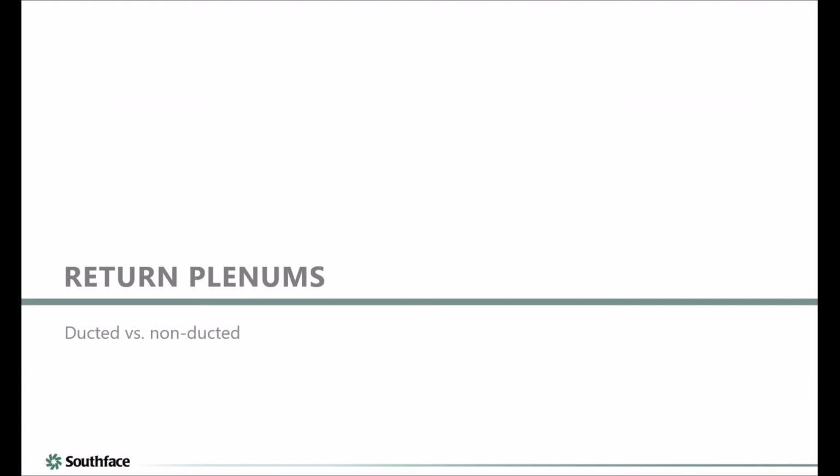So Laura, can you briefly lay out, what does this mean, a return plenum? Right. If you picture in your mind your standard small commercial building, or even a large commercial building, you usually have either a hard lid ceiling that's sheetrock, or, even more typical, a lay-in ceiling with a grid.